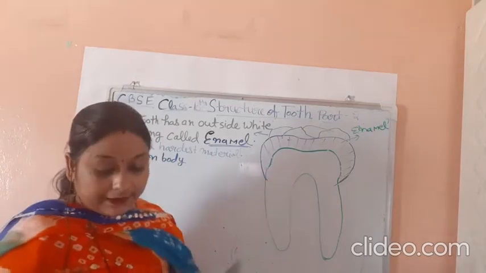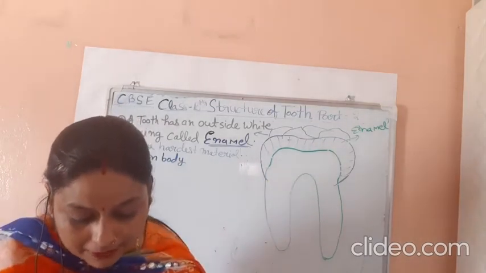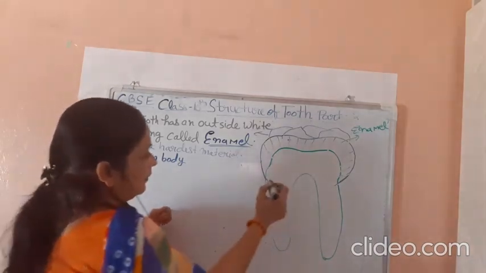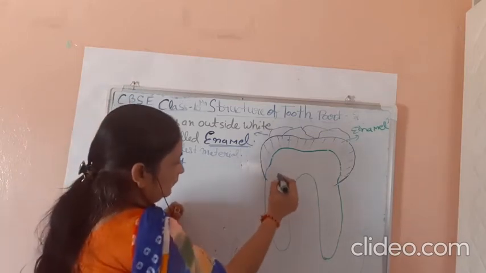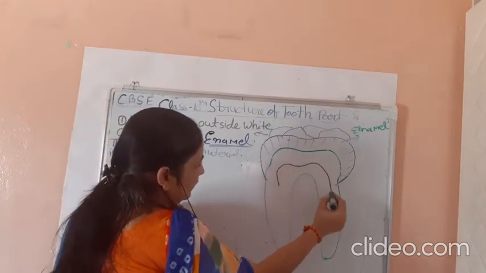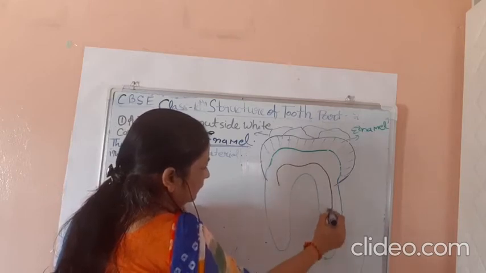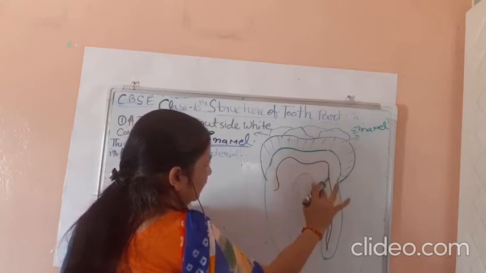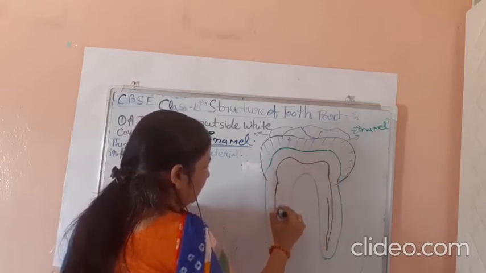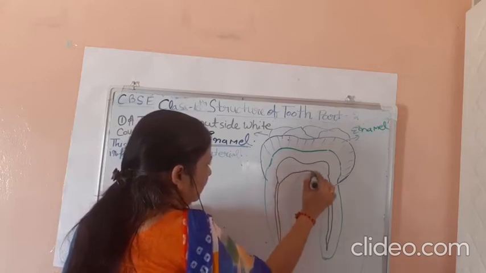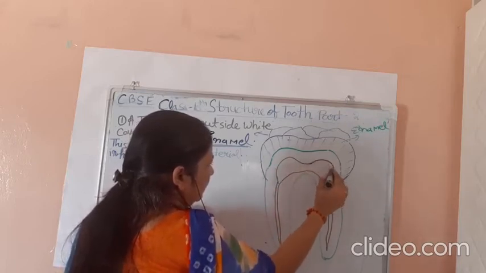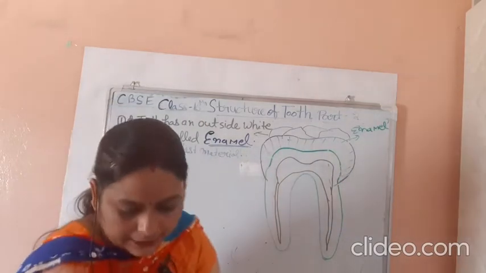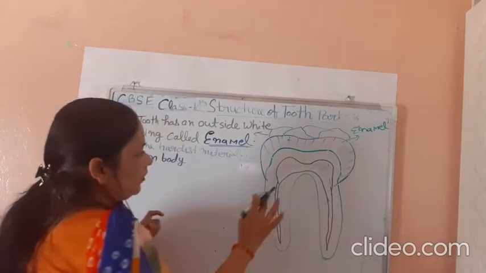The next layer inside the enamel, which forms the main part of the tooth, is called dentine. This is a dentine here. So this is the green outer covering you can see on your screen.